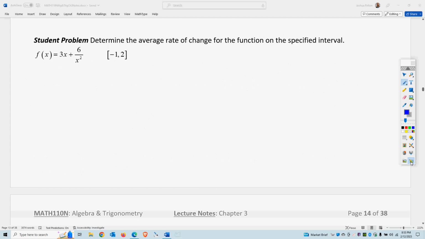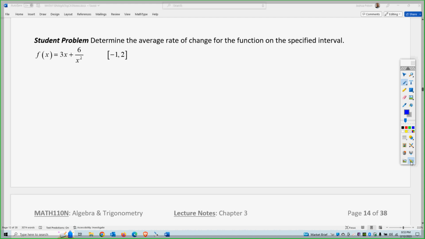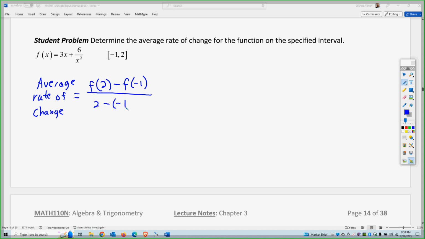Okay, student problem. So we get the average rate of change. Okay, so we have f of 2 minus f of negative 1 over 2 minus negative 1.